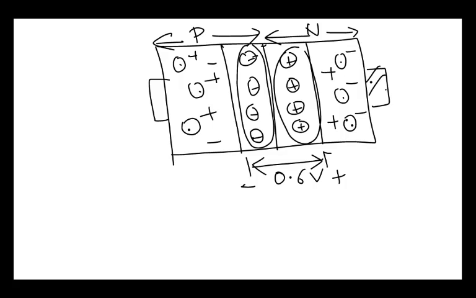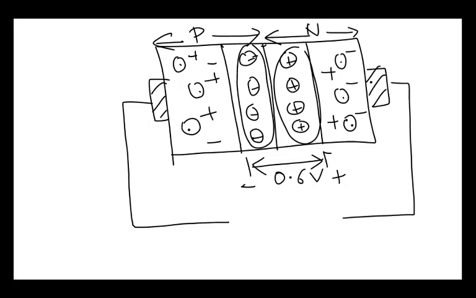Now let's connect it to a battery. This is the metallic contact, or the ohmic contact. This is the battery. So the battery polarity is minus and plus.